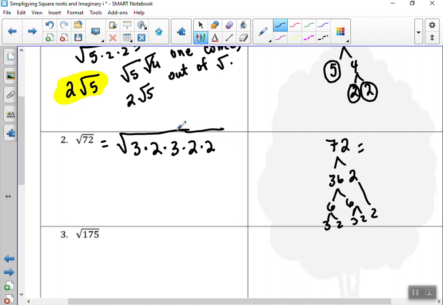Since we're doing square roots, for every pair, one of them comes out. Another pair here, it comes out. And then you have the square root of 2. And 3 times 2 is 6.